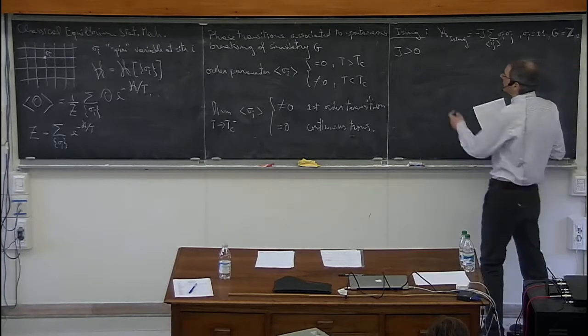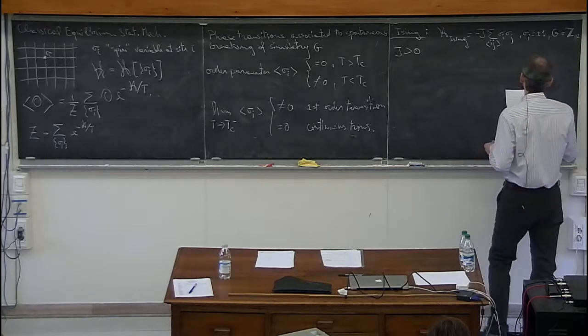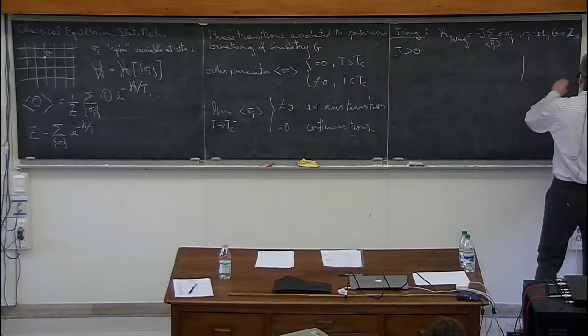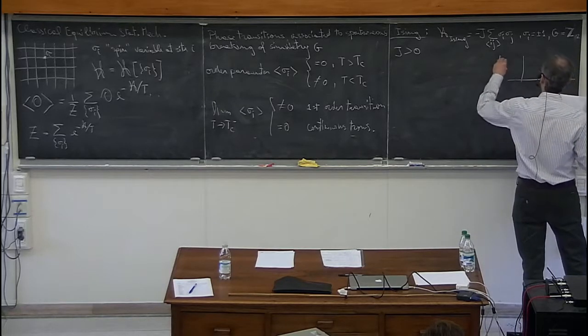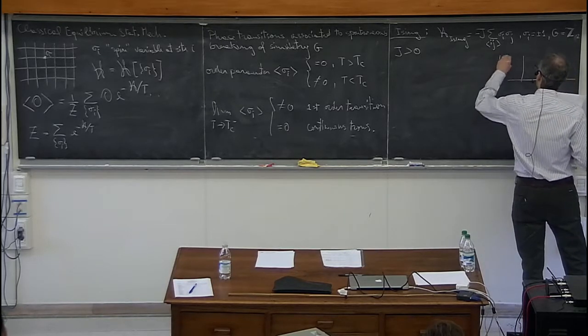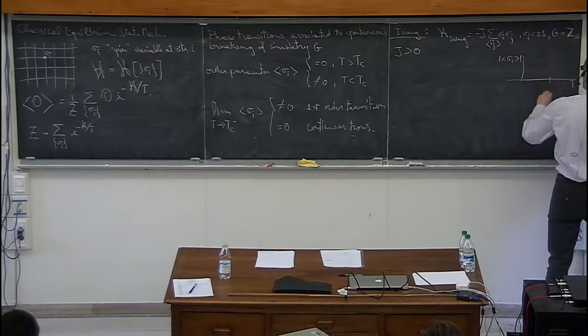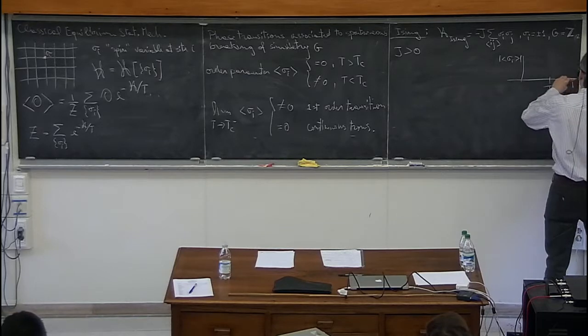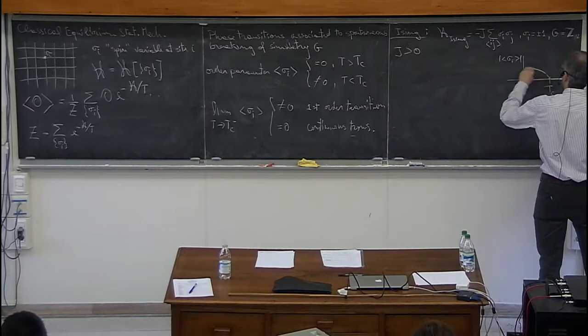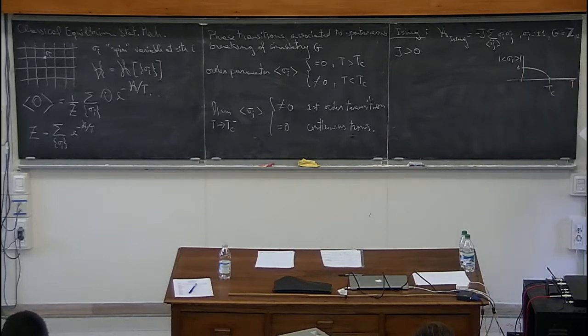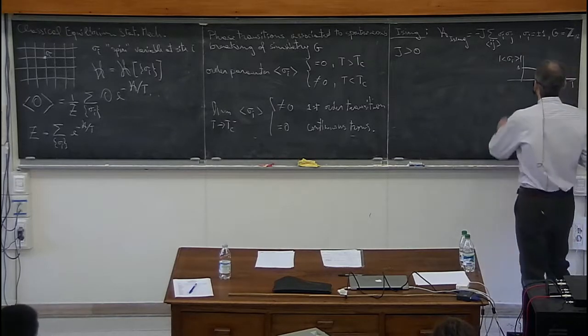So there is, in this model, a continuous transition at Tc, and what happens is that if you plot the order parameter as a function of temperature, there is Tc, so something like this, and so this is 0.